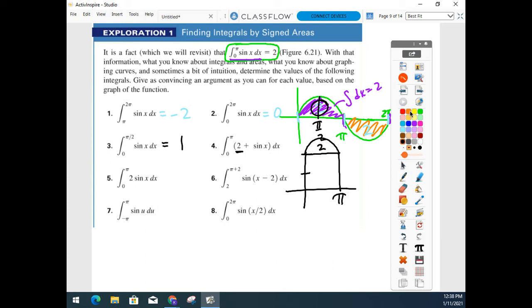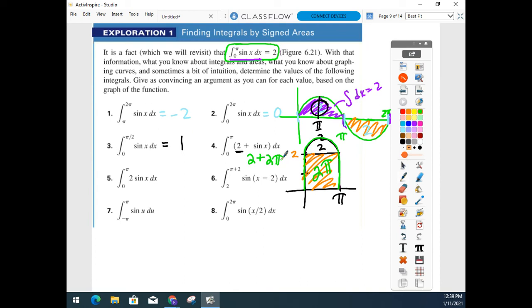And then what's going to be the area of this rectangle? Well, we know this is 2, this is pi, so does it make sense? This rectangle has an area of 2 pi. So if I want to look at this whole shape here, I get 2 plus 2 pi.